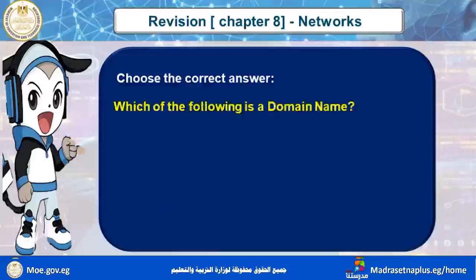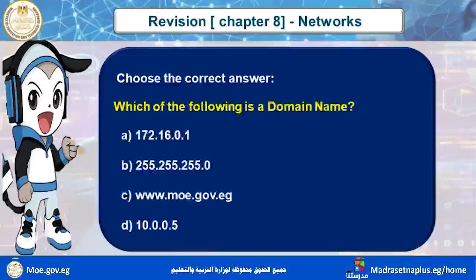Which one of the following is a domain name? We talk here about the domain name, not IP address. So the correct one is, all of the answers are numbers, 4 groups of numbers, except item C, which is the correct answer, www.moe.gov.eg.